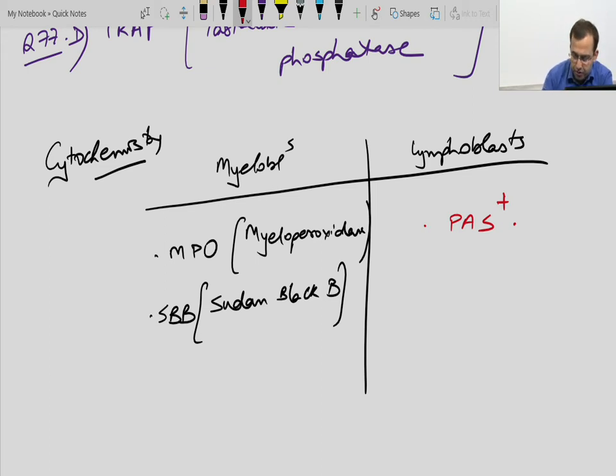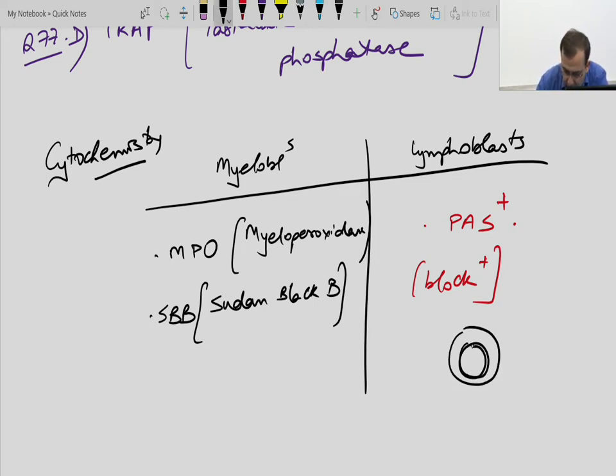And what kind of positivity is seen with PAS? They are block positive with PAS. Block positive means if this is a lymphoblast, a large cell with high NC ratio and a scant rim of cytoplasm, the periodic acid Schiff stain is positive as a block inside it.